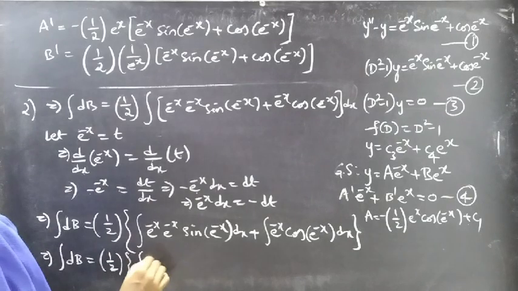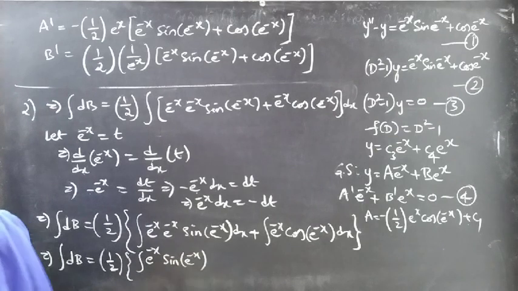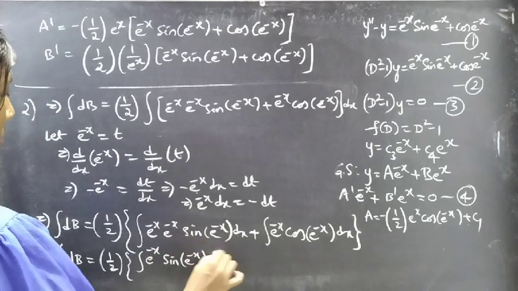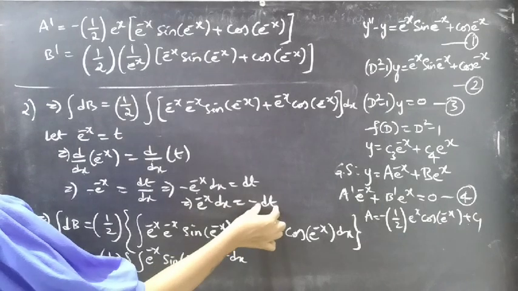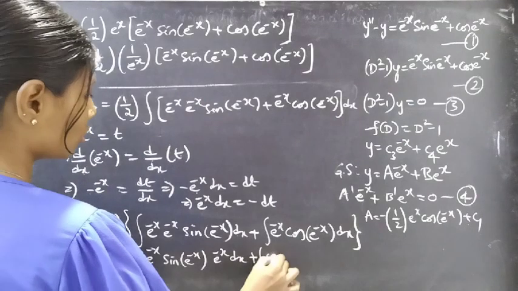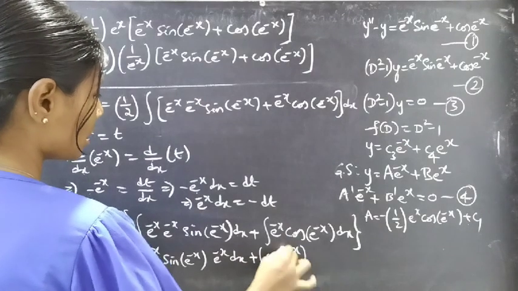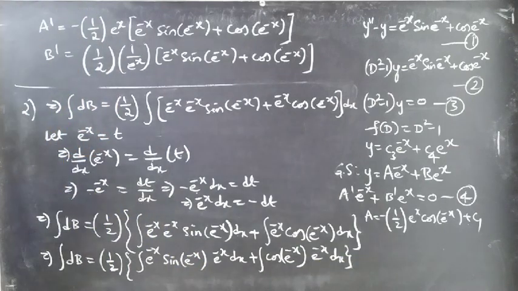So we'll write this as e power minus x sine e power minus x into e power minus x dx. We'll take one e power minus x beside dx in order to replace e power minus x dx by minus dt in the next step, plus integral cos e power minus x into e power minus x dx. Okay, fine. Now let's replace e power minus x by t and e power minus x dx by minus dt.